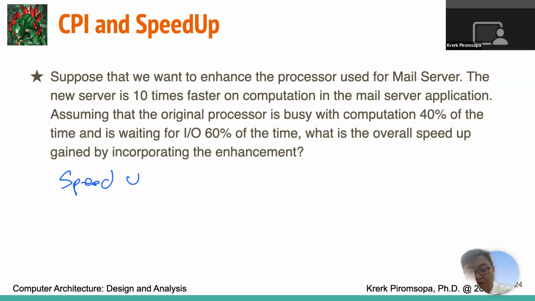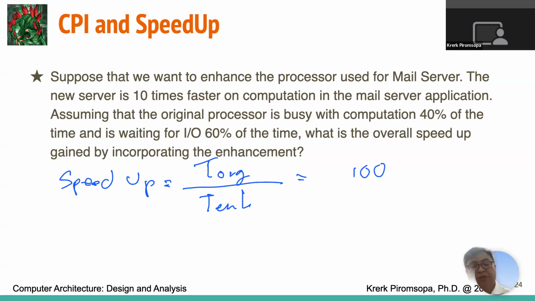We ask for speedup. That is basically the original time divided by the enhanced time. The original time, let's make some number, 100, just to make it easier. The enhanced time would be what?